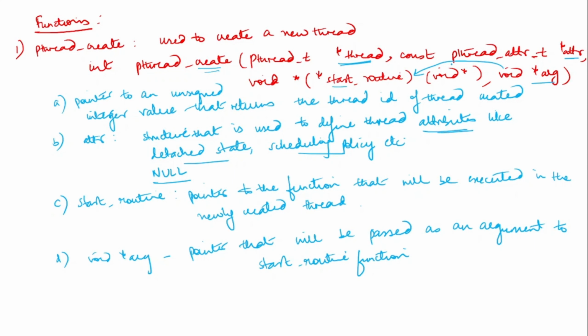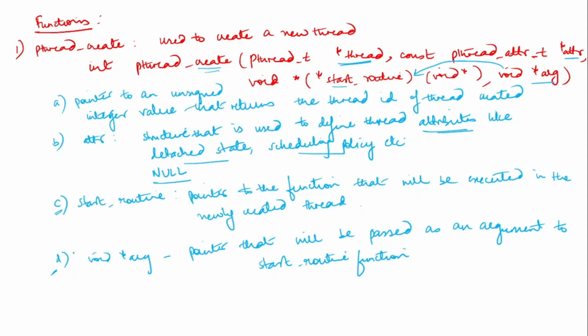When we see the example of this pthread_create process, you can exactly differentiate what these parameters mean. The first parameter returns the thread ID of the thread. The second parameter tells you whether the thread has any attribute associated with it or not, whether it is in the detached state or the scheduling policy of that thread.